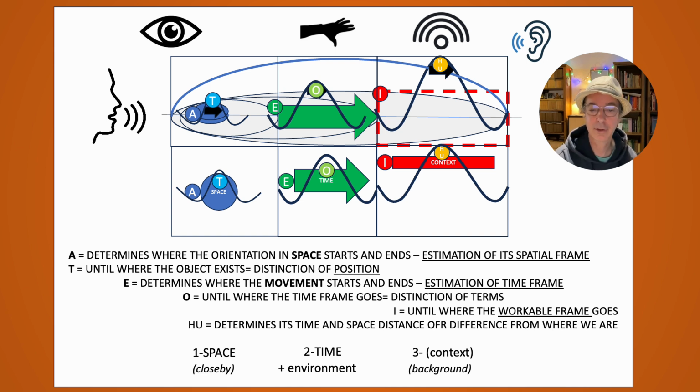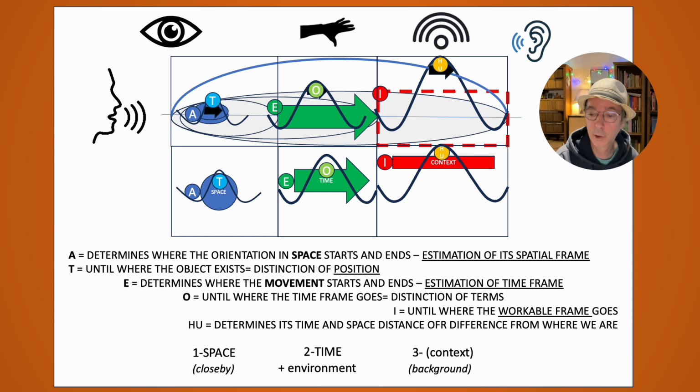The E determines the movement, where it starts and ends also, and that is the estimation within a certain time frame. With the O, I have the vertical part there, so I determine until where the time frame is going. So I have a distinction of terms and periods and things like that.